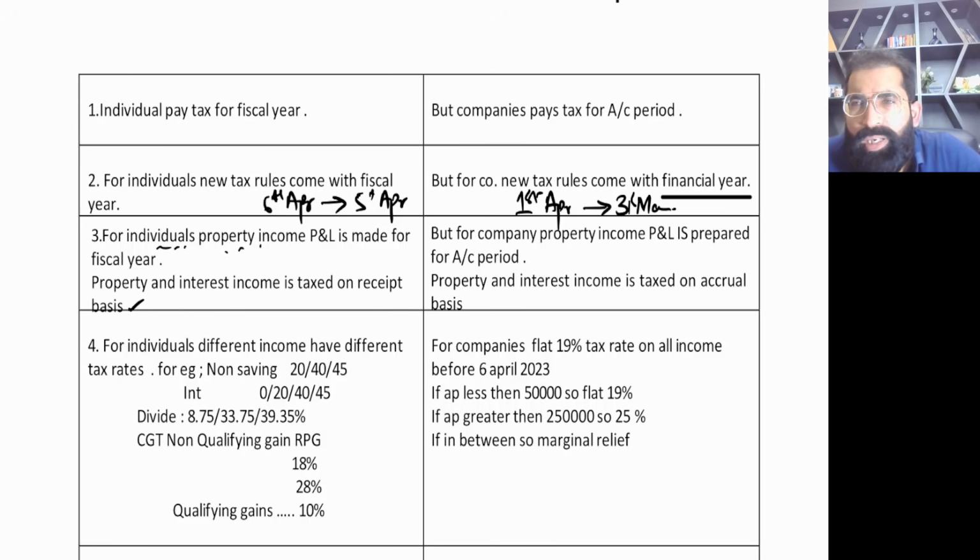But for companies, property income P&L is prepared for the accounting period, and property income and interest income is taxed on accrual basis for companies.